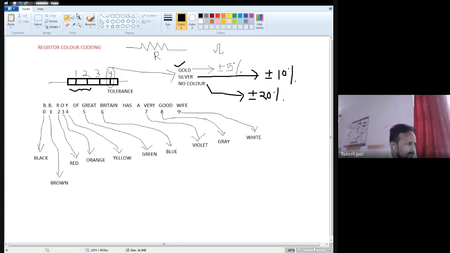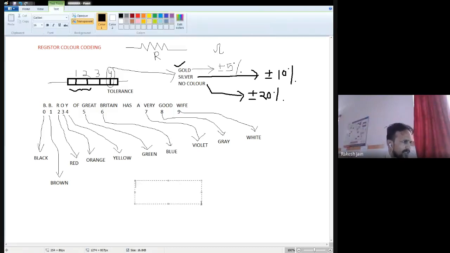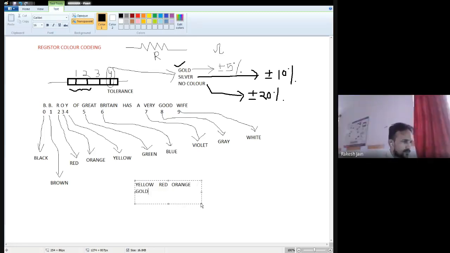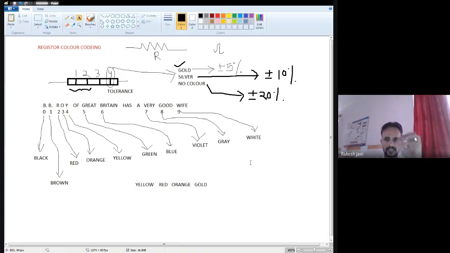Let's suppose you have 4 colors, in which the first color is yellow, the second color is red, the third color is orange, and the fourth color is gold. Suppose you purchase a resistor from a market in which you can easily see which colors are there. So yellow, red, orange, and gold are there.